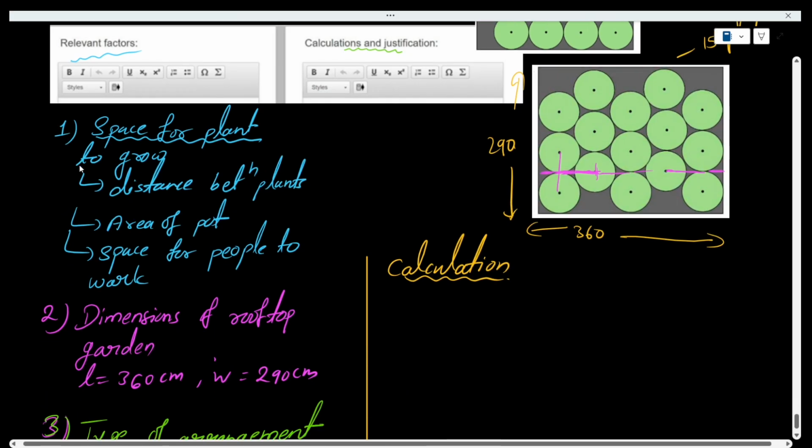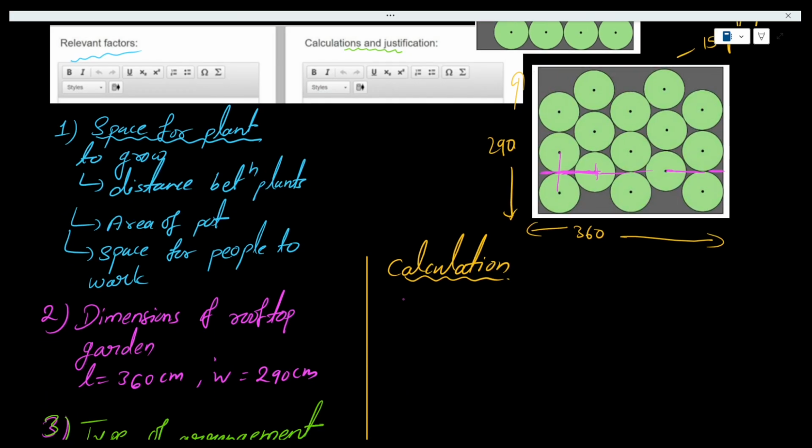Here you can show the calculation in the horizontal direction, because in the horizontal direction there are two circles together. So how many of them can fit here?